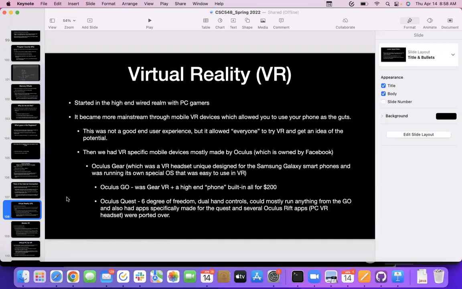The assignment was Quest versus Quest 2. Both of these are standalone virtual reality headsets. They're not reliant on a gaming computer, because the focus in this course is mobile computing.